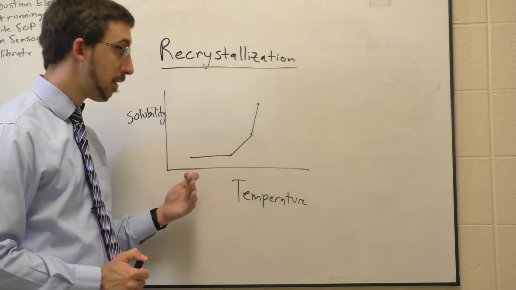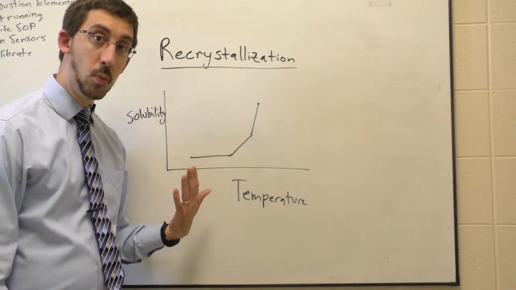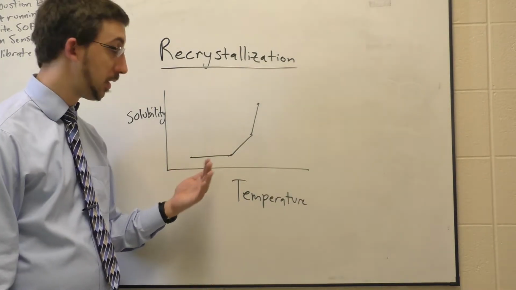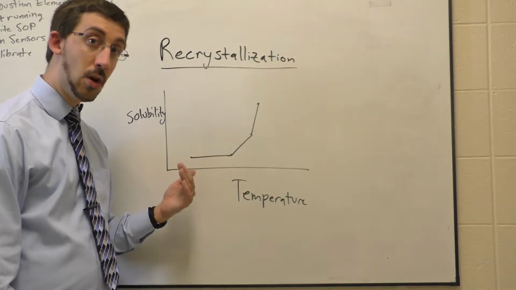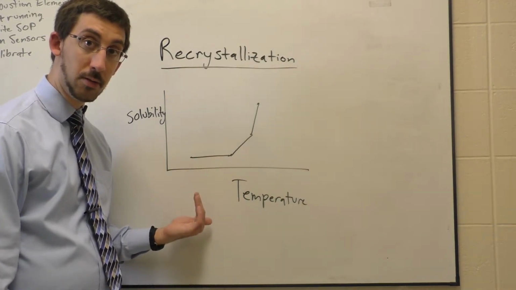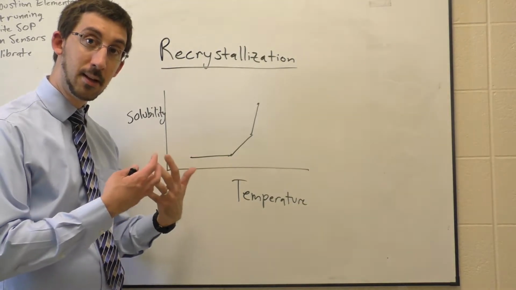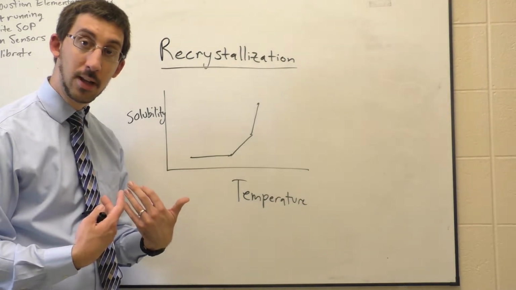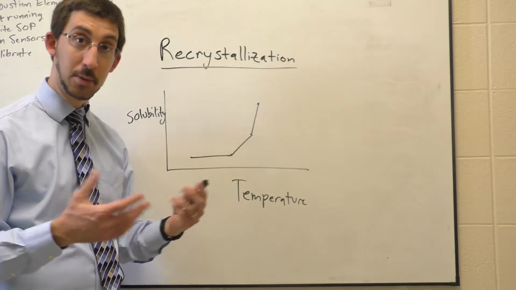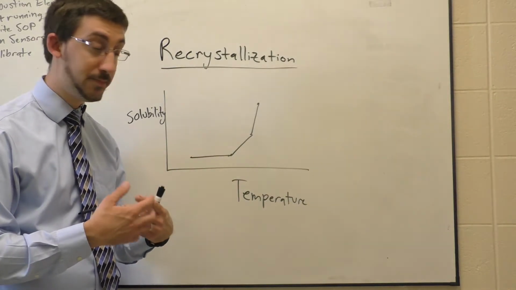We need to identify a solvent where the unknown material is not soluble at room temperature, because if it's soluble at room temperature, then we won't be able to get it to come back out of solution in any kind of ordered way. We may not be able to get it to come back out of solution at all.